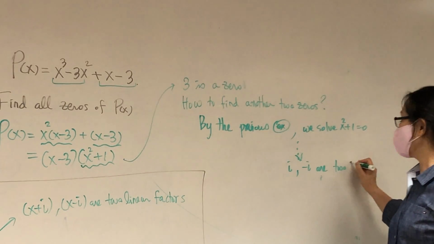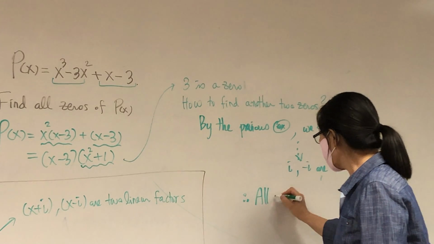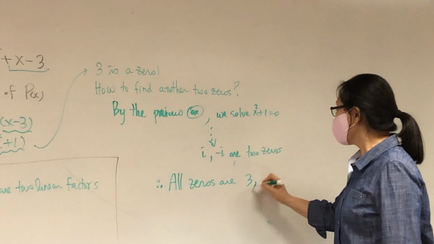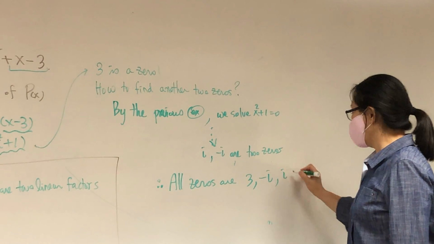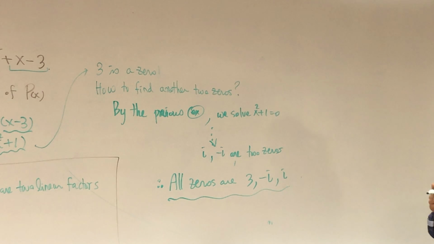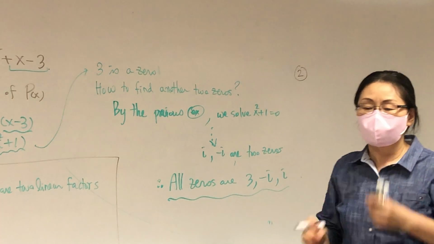Am I right? Yes. Therefore, all zeros are what? 3, negative i, positive i. Yes? Good. Okay, move on. Any questions? Easy? Number 2, same, still example 1.